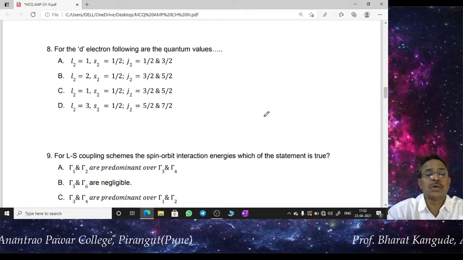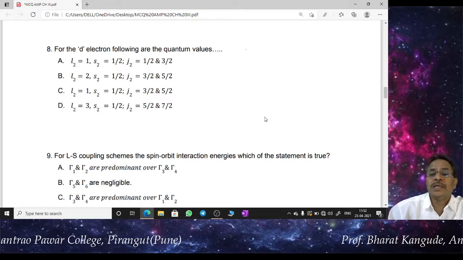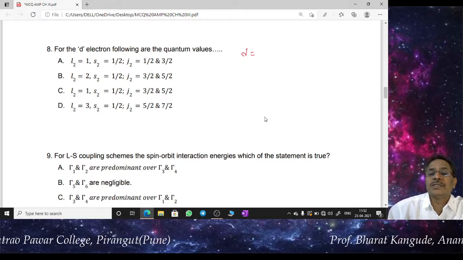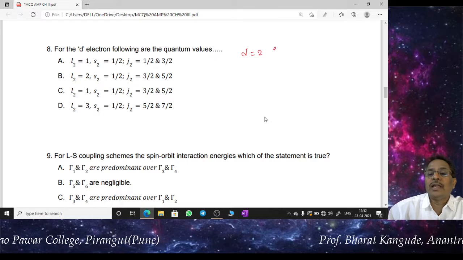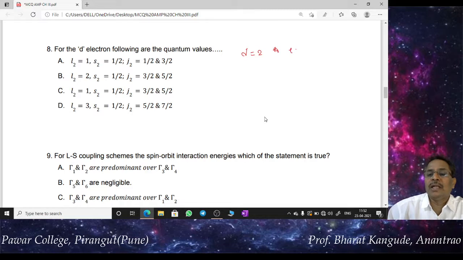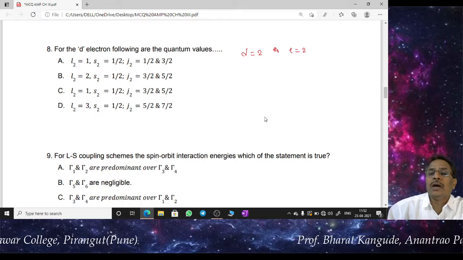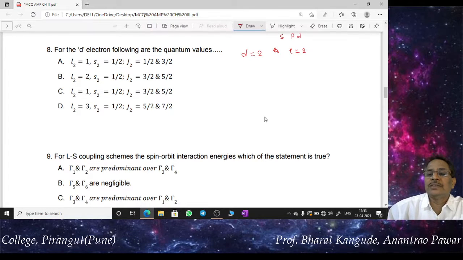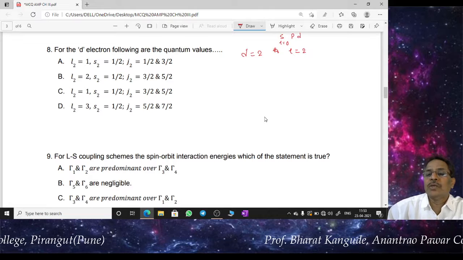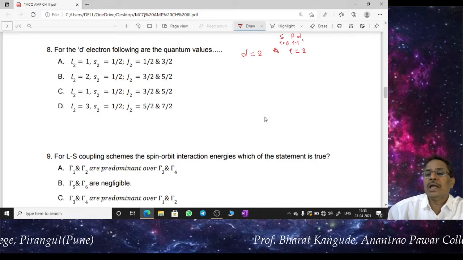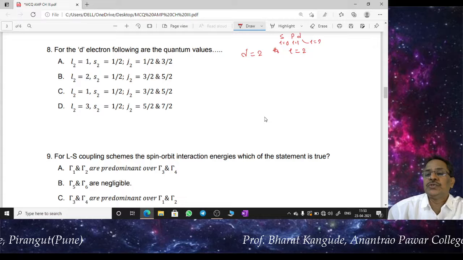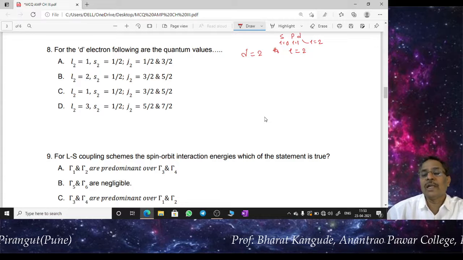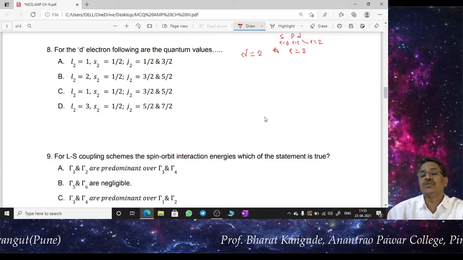The D electron means the electron is in the state where the value of L is simply 2. For S, P and D, S means L is equal to 0, P means L is equal to 1 and D means L is equal to 2. So the orbital angular momentum of this electron is L equal to 2.